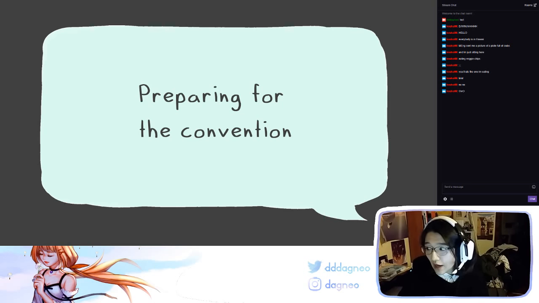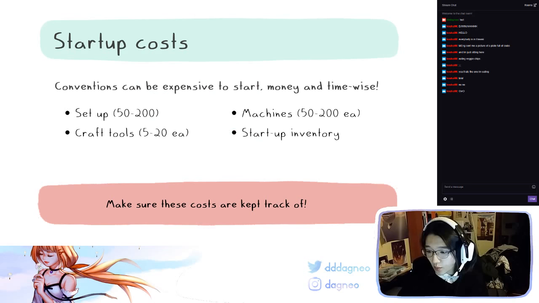So if you have already applied for a convention, or you've just applied and you want to get started, we can go straight into actually preparing for the convention. Some things to know beforehand is that starting up a convention route or career or whatever can be really expensive.